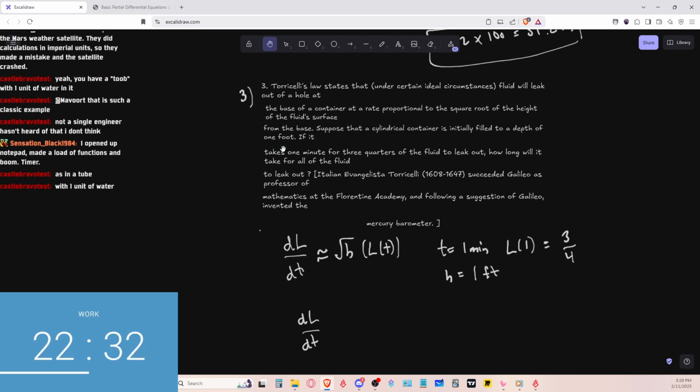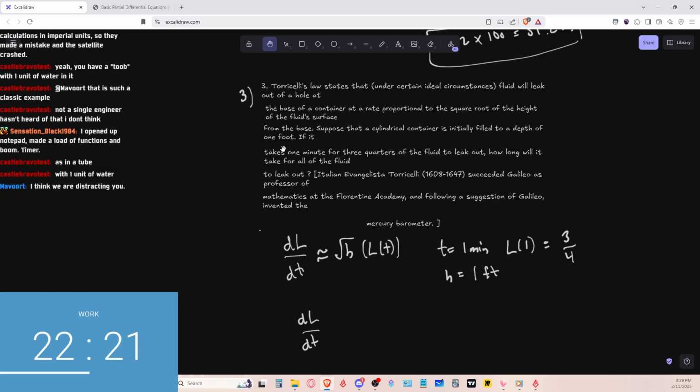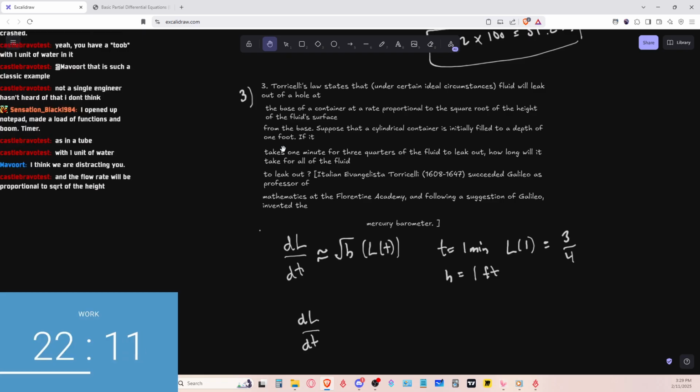I opened up Notepad and made a load of functions and boom, timer. Oh, okay. As in a tube. Oh, okay. No, it's okay. That's okay. It's okay before.